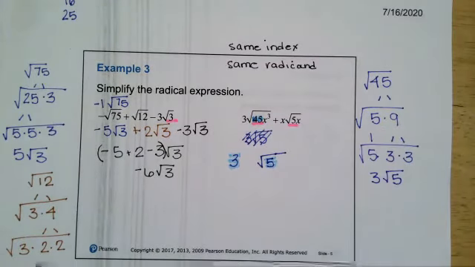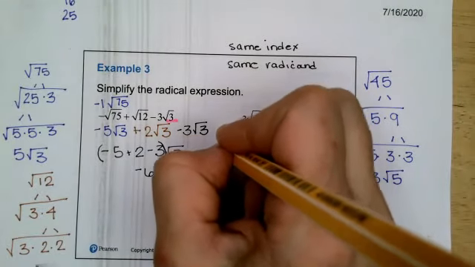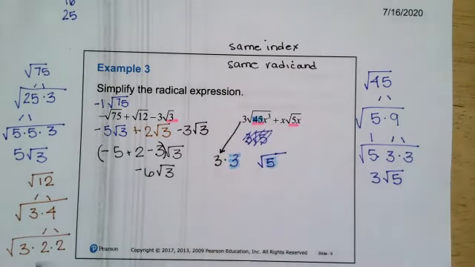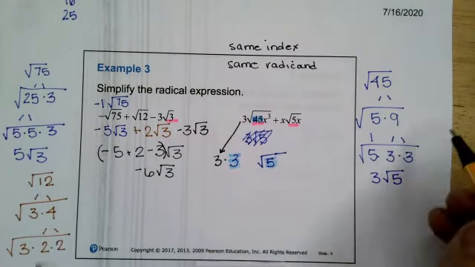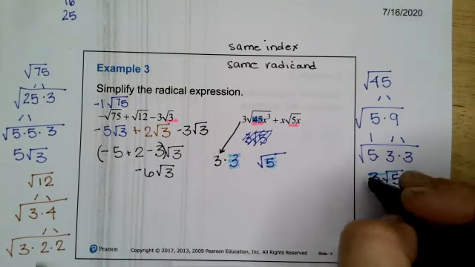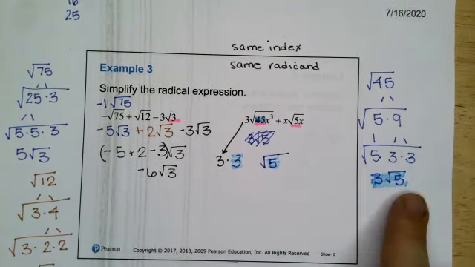That 3 is still way out here. That's that one. This 3 is from the 45. We see it over here. This 3 is still in this situation. Also, this marker is dead. Good.